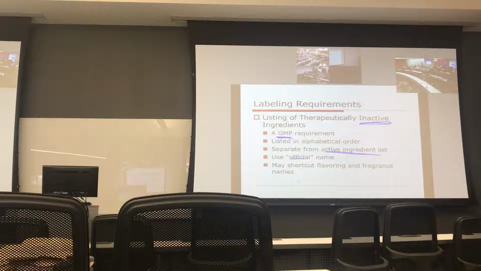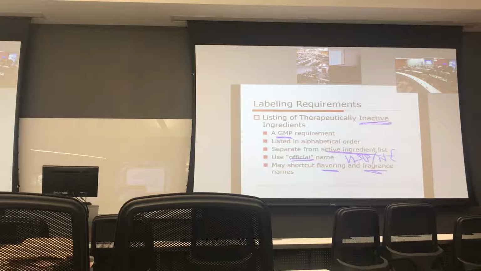They must use the official name of those ingredients. The official name, again, goes back to those official compendia. Usually it's a USP or National Formulary listing of products that have been approved for use in pharmaceutical manufacturing. It has to be listed by that name. If they have a proprietary flavoring or fragrance, they can use a shortcut.